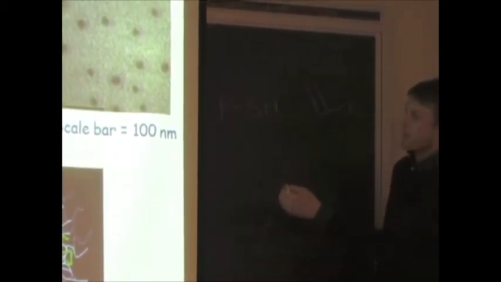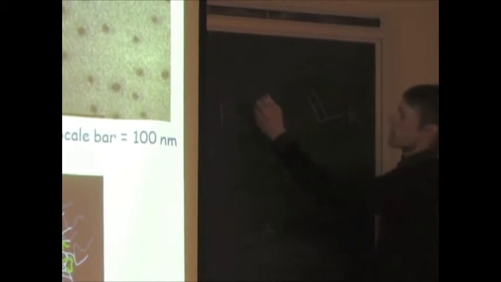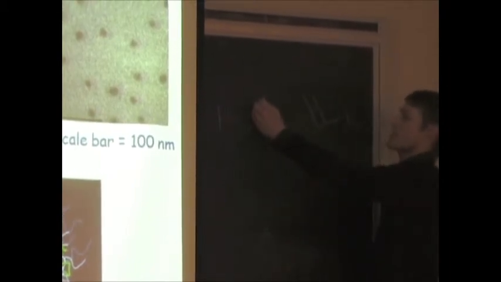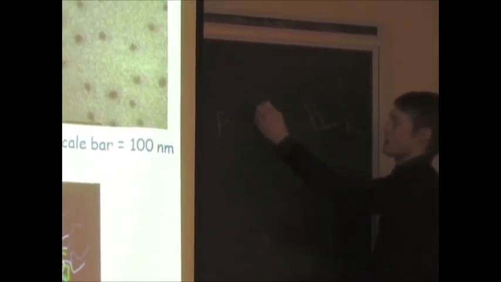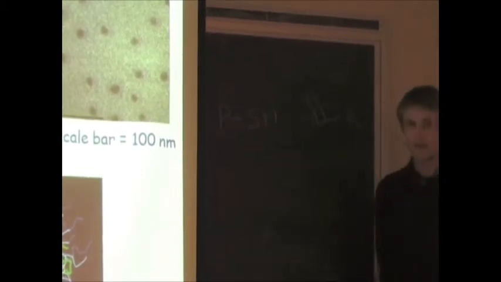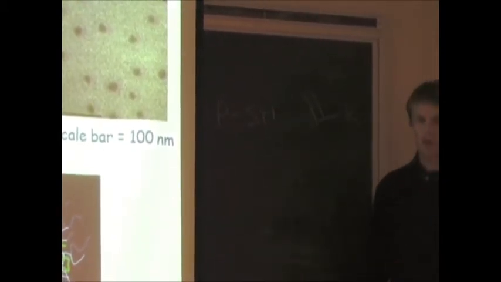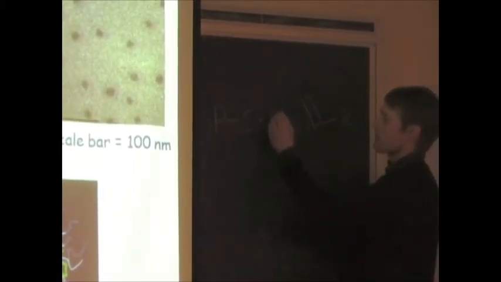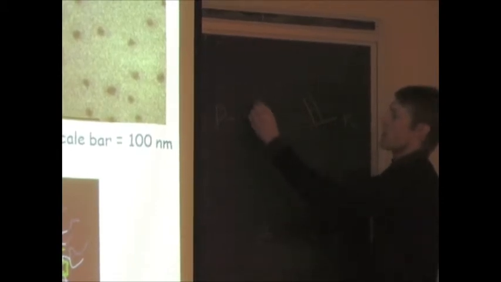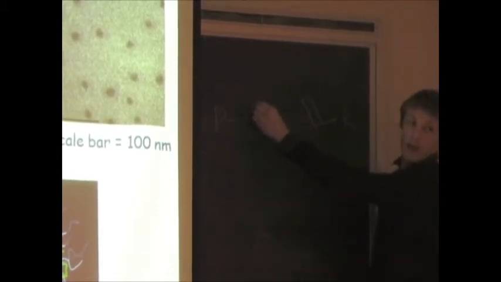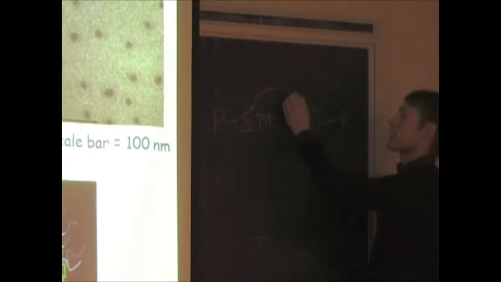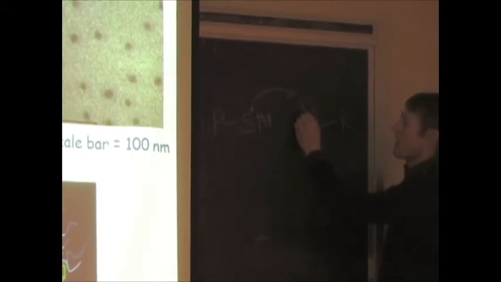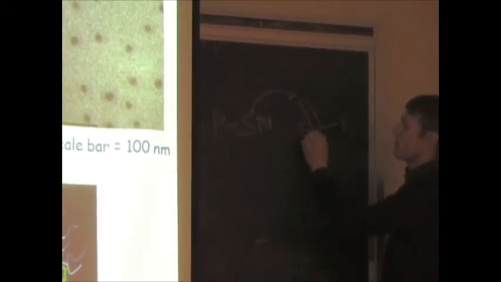And with initiation, we're going to add an initiator to generate some radicals in solution, which are very, very reactive. They're going to strip this H off, and we'll end up with a very reactive thiyl radical, which is then going to attack here, and perhaps there.